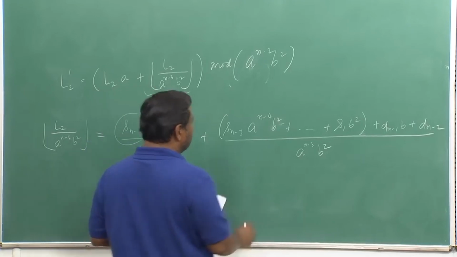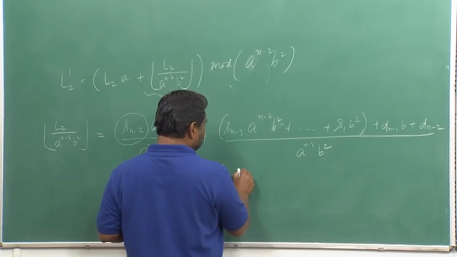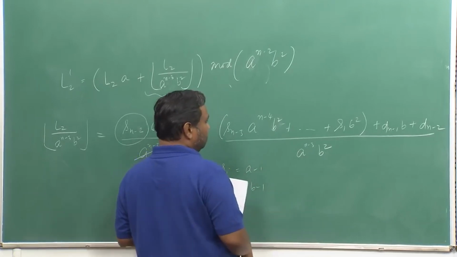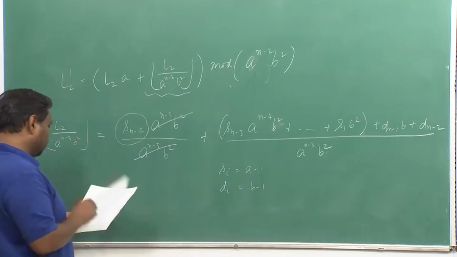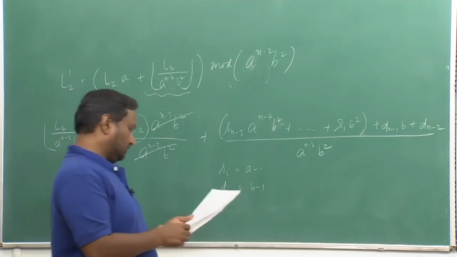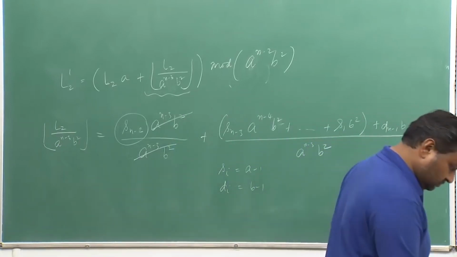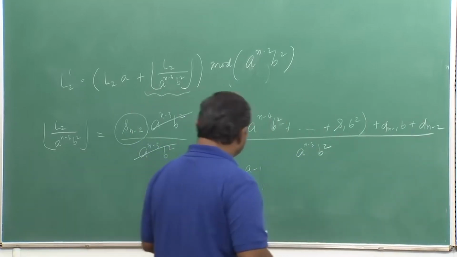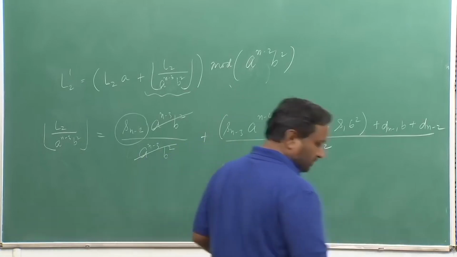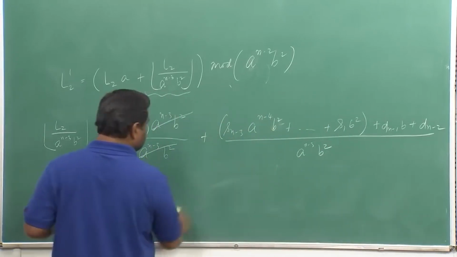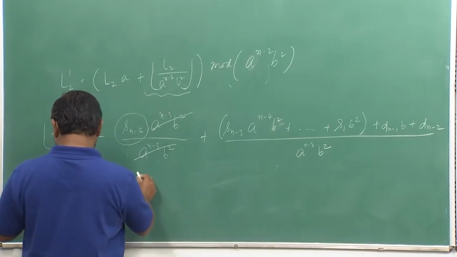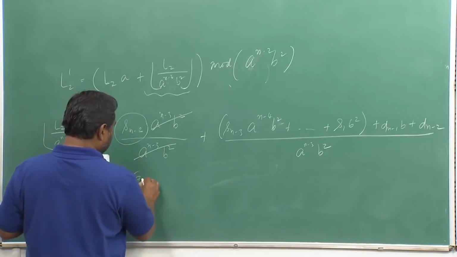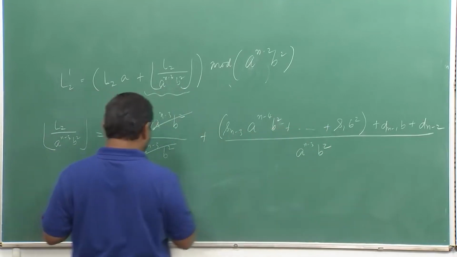So, here again I will do the same thing. I will put SI's maximum value equal to a minus 1 and DI's maximum value b minus 1, and let us compute what I am going to get. So, let us write it down here itself, I can do it. So, I will end up getting a series, so all these a minus 1 will come out.